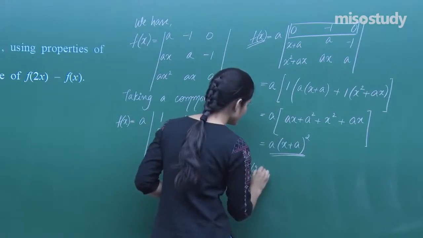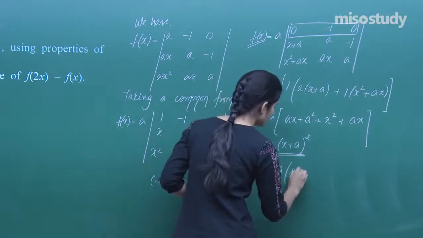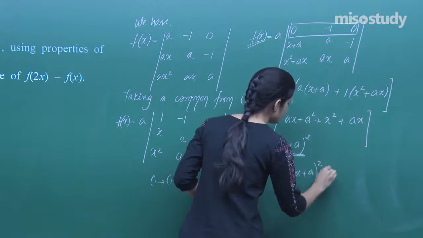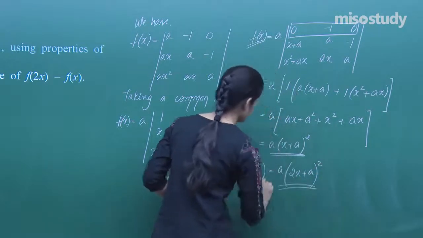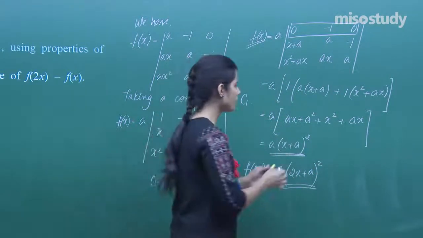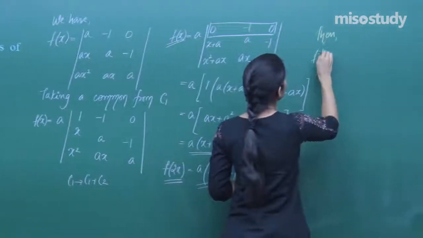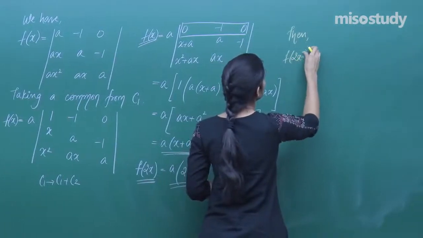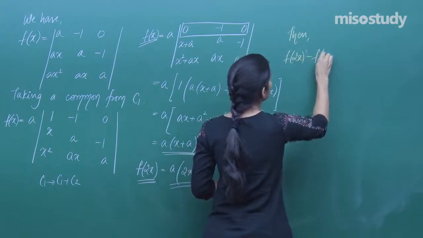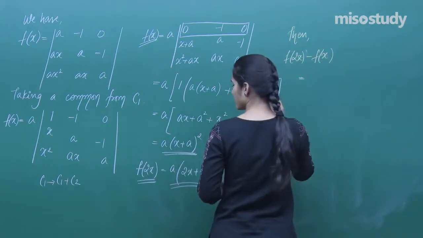F of 2x will be equal to a times 2x plus a whole square. I have f of 2x with me, I have f of x with me. Let's compute f of 2x minus f of x. So f of 2x minus f of x, f of 2x is what?